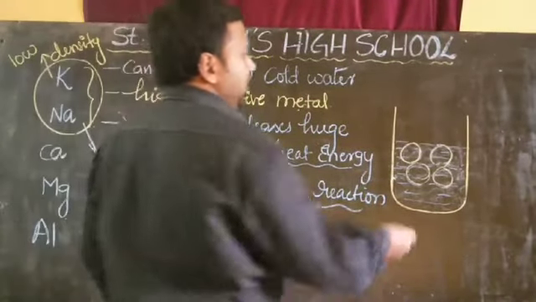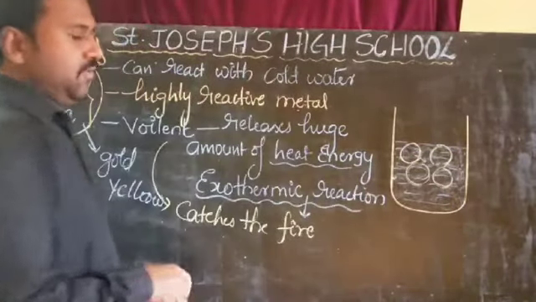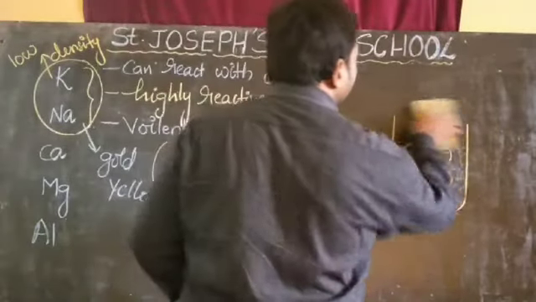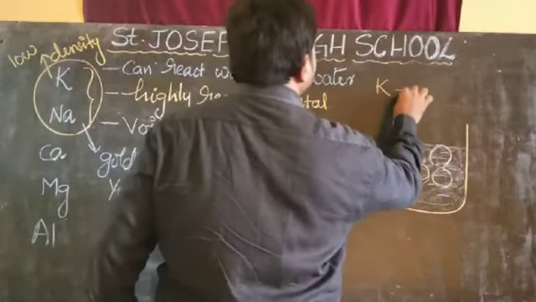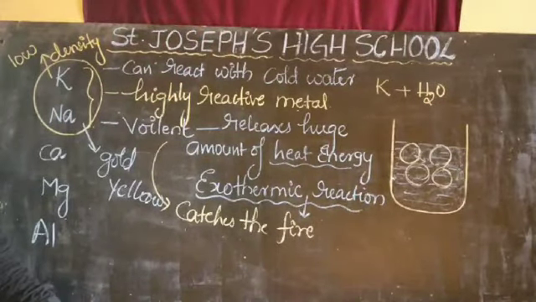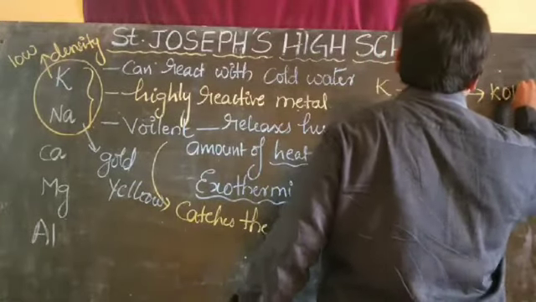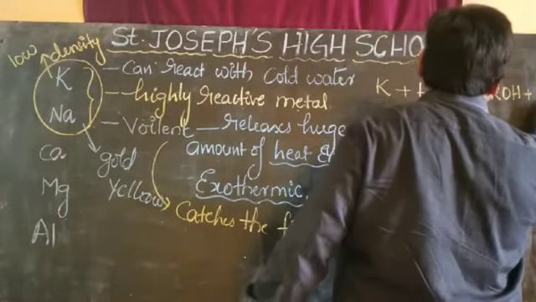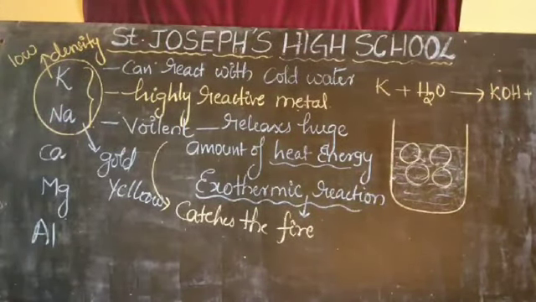When they float and react with water, what will happen? I am writing the reaction here, observe carefully. When potassium reacts with water, it gives potassium hydroxide and also releases hydrogen gas.